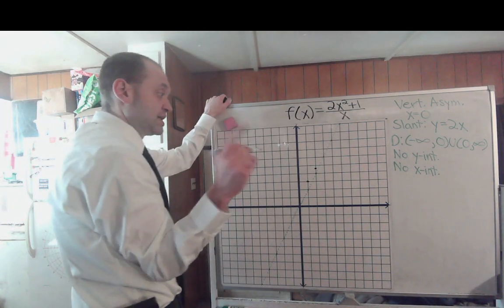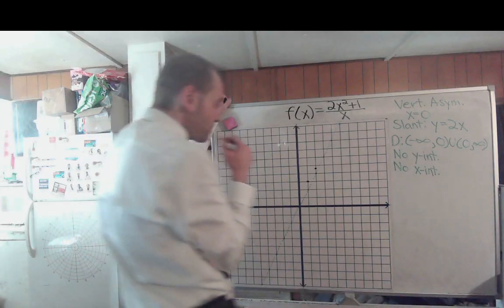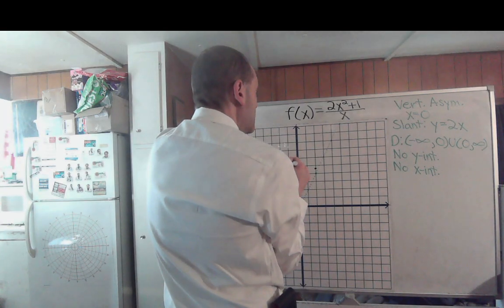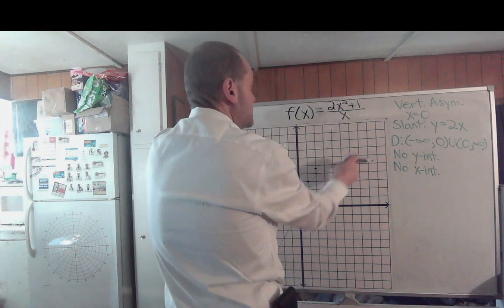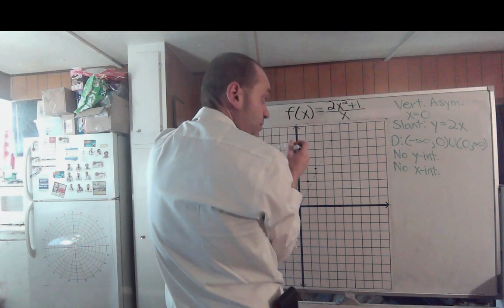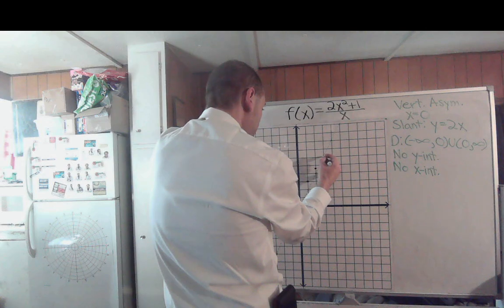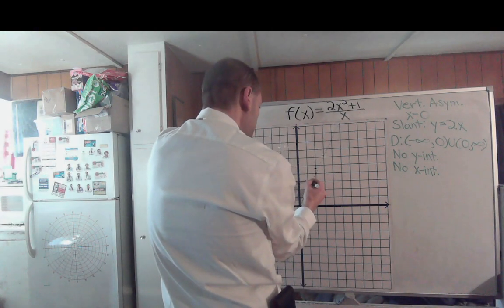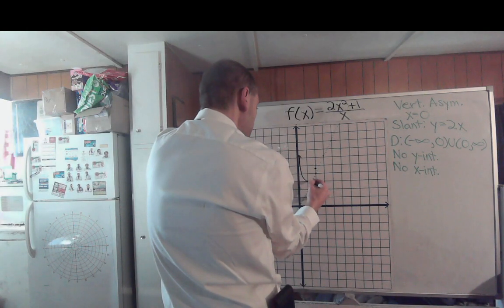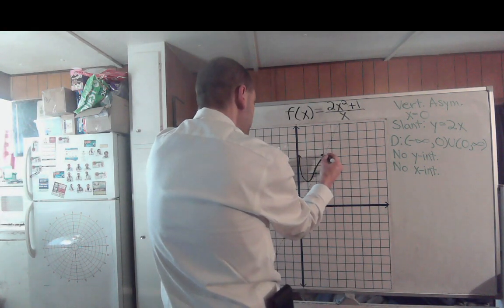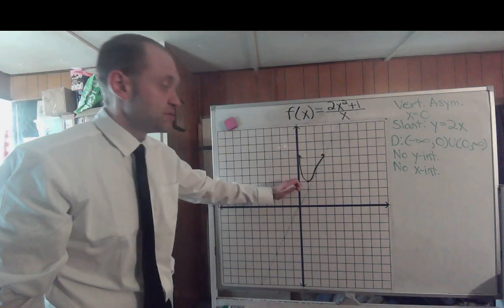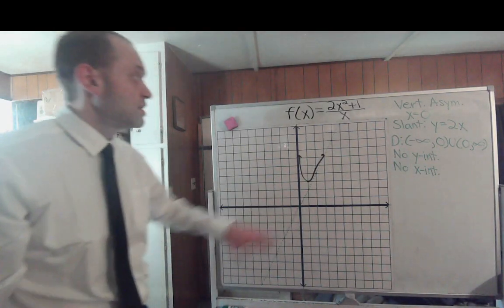Let's do one more. If I put in 3, 2 times 9 is 18 plus 1 is 19 divided by 3. That would be 6 1/3. So here's roughly what that graph is going to look like. It rides the asymptotes. Your slant asymptote and your vertical asymptote help guide the shape of the graph.